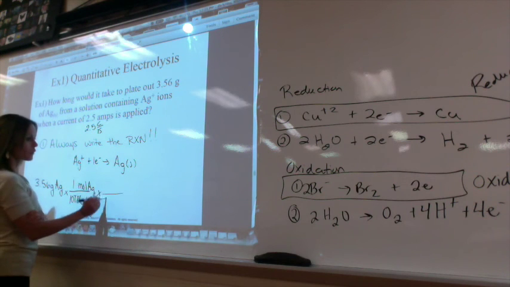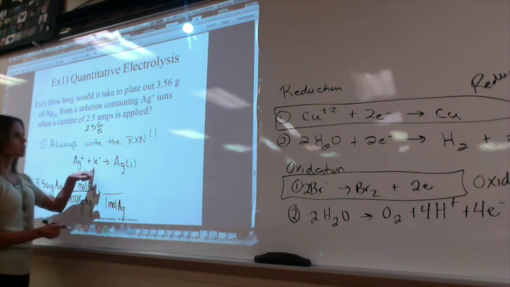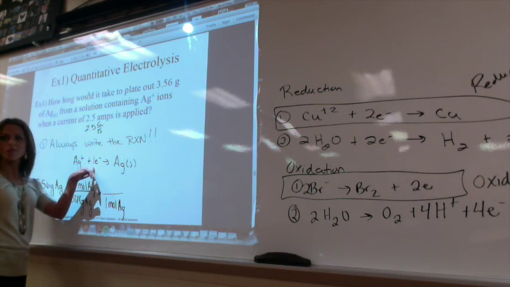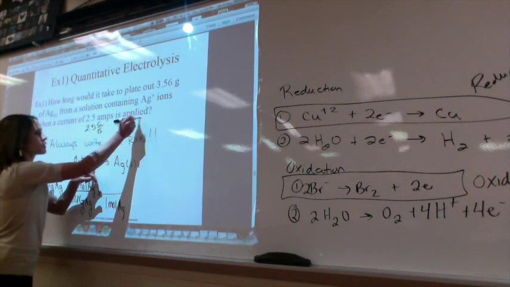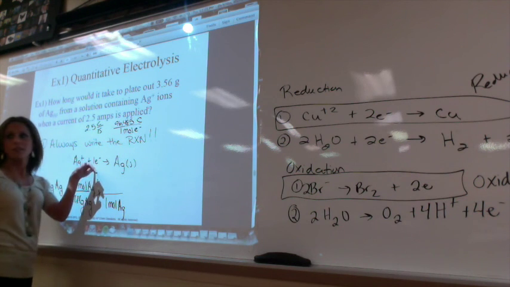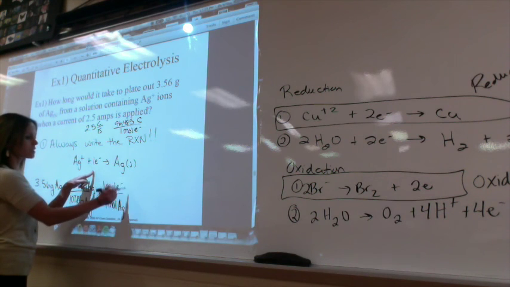And then I'm going to go from 1 mole of solid silver. And the reason why I'm going to electrons here is because the only other conversion factor that I can use is 96,485 coulombs per 1 mole of electrons, right? So I'm going to go to 1 mole of electrons.